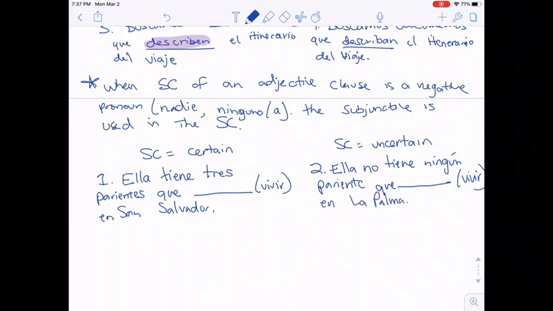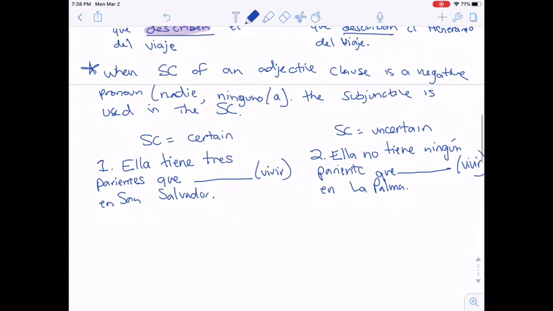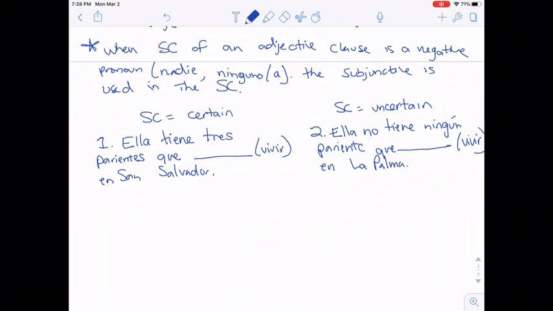So if it doesn't exist or it's hypothetical, it's going to be in the subjunctive. If it does exist and you have one, then it's going to be in the indicative because it exists. Okay? So that's basically it, other than the fact that if you're trying to figure out information in a question, then you're going to have to be using the subjunctive as well.